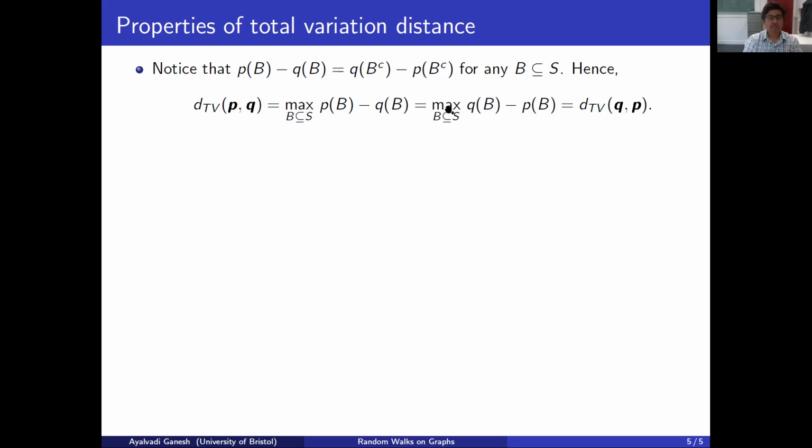Okay, so we could just as well have written the max over B subset of S of this. And now you can see that indeed the definition is symmetric. So the total variation distance between P and Q is the same as that between Q and P.